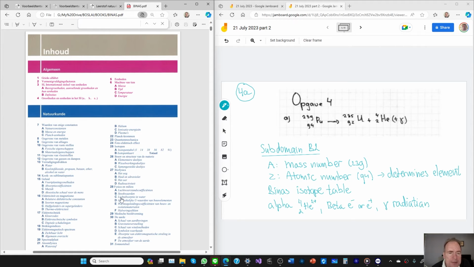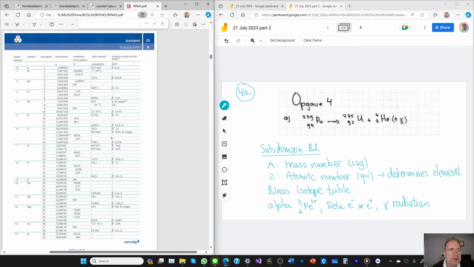Let me try to pull it up. Isotopes. Here it goes by atomic number, and it gives you the masses of all the different isotopes and other information. It also gives you the possible kinds of decay and their half-lives.